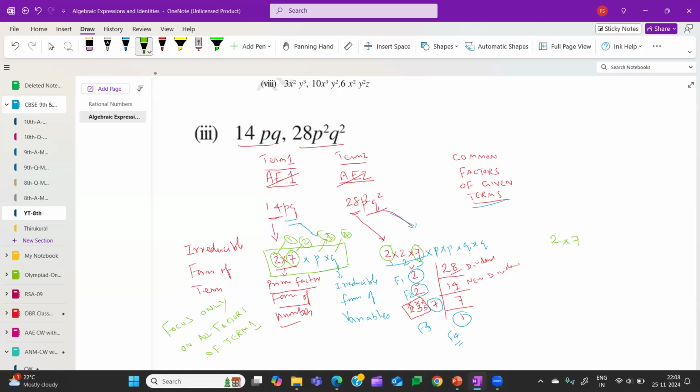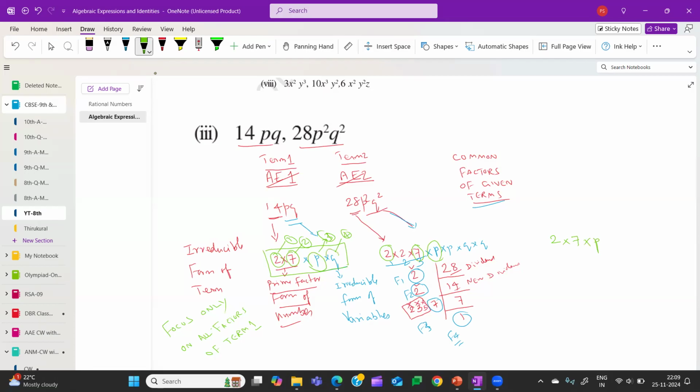Then the third factor of term 1. So every time we have to come back to the term 1 factor and check the availability of that particular factor in the other terms as a common factor. Now we are on the third factor. This is P. Whether it is available here, yes, it is available here. So we will write it here as P.